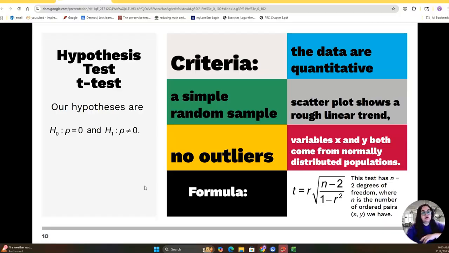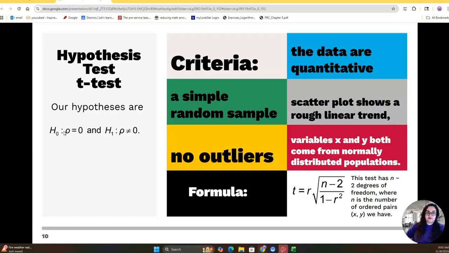are correlated. To do this, we use a hypothesis test. You can have a null hypothesis and an alternate hypothesis in your hypothesis test. The null hypothesis is the status quo. What you assume is what you're looking for. So in this case, we have no correlation. That's what we're going to assume.